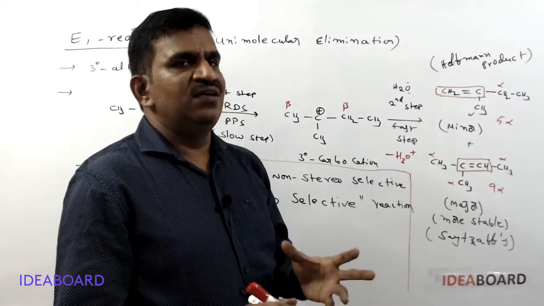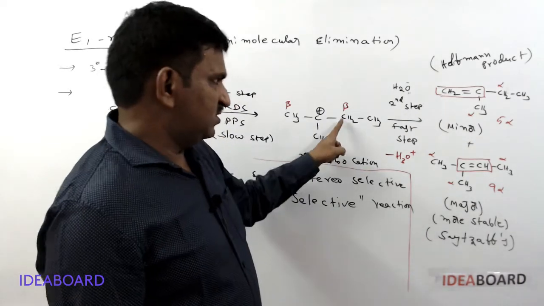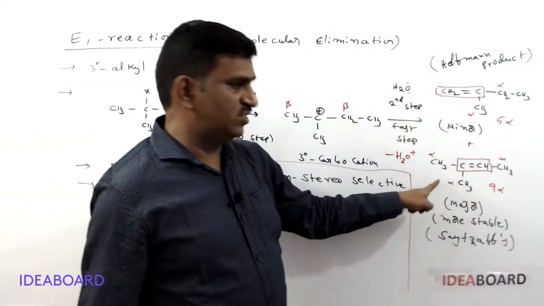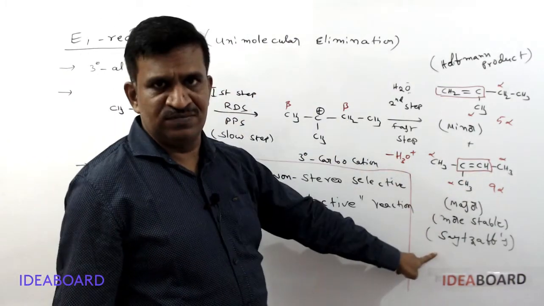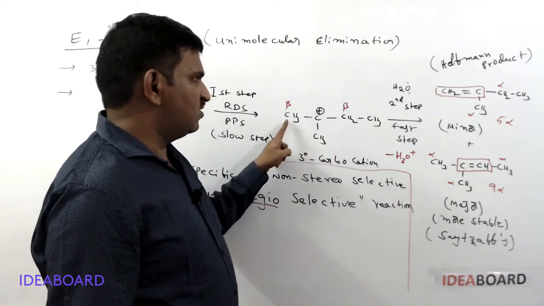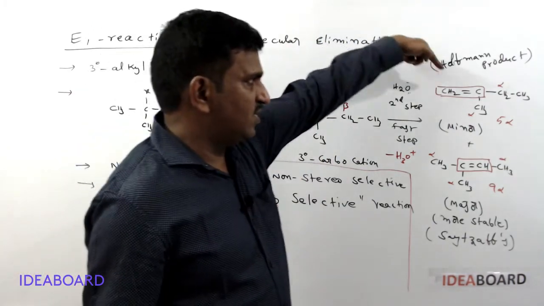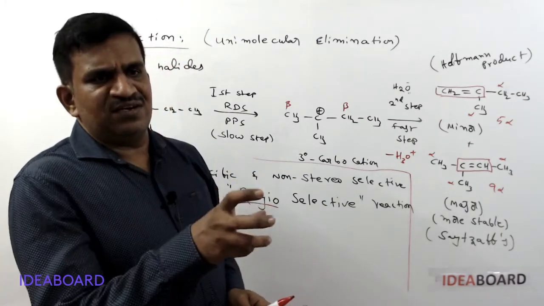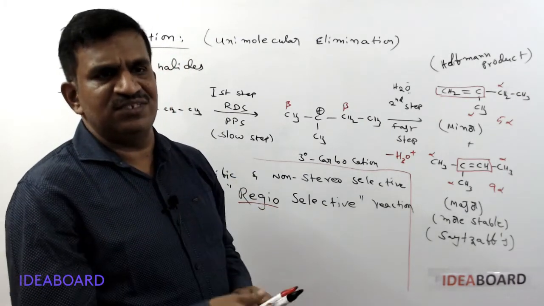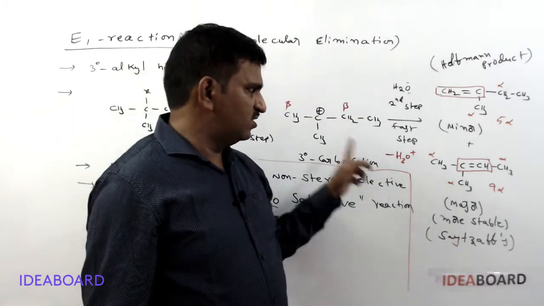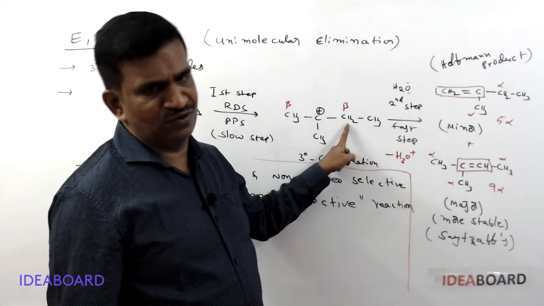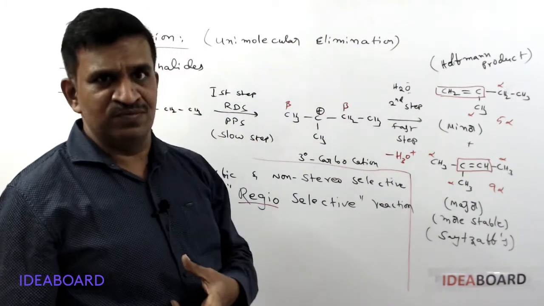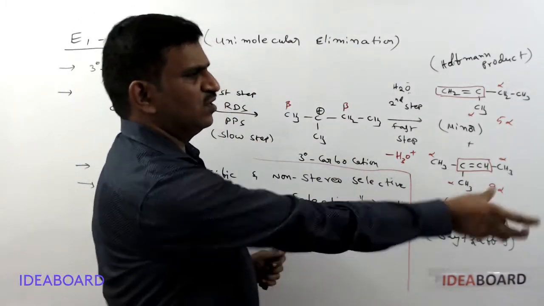How can we say it is a Saytzeff product? If you remove this hydrogen atom or proton, then we get this product, and this is called the Saytzeff product. Or if you remove this hydrogen atom or proton, then we get the Hofmann product. Which product is majorly formed? The Saytzeff product is the major product, by removing this hydrogen only. We are particularly selecting a proton to remove, not going optionally.